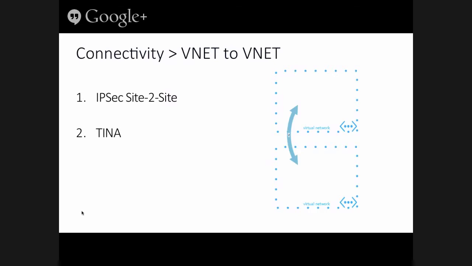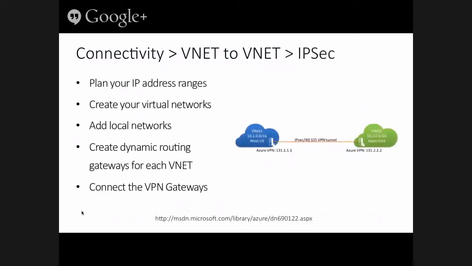I mean, the NSA would love that. It saves them a few cycles. But on the other hand, might better be encrypting that data. So there we have 2 options: IPsec site-to-site and TINA. I'll go into detail what both are. So no worries.